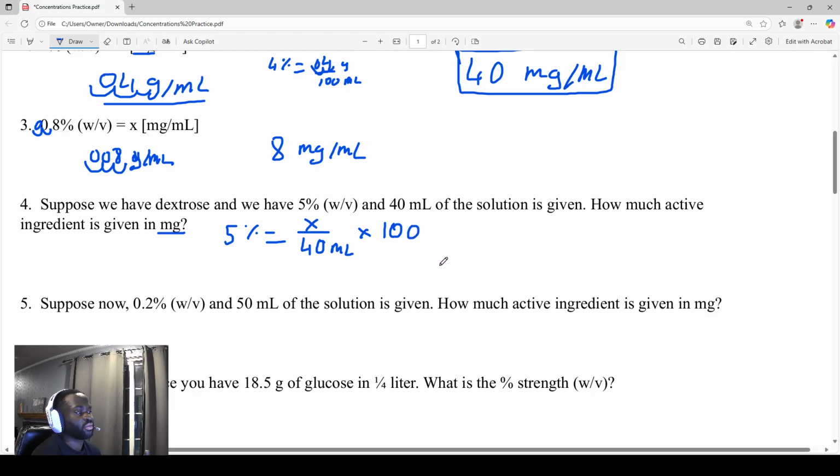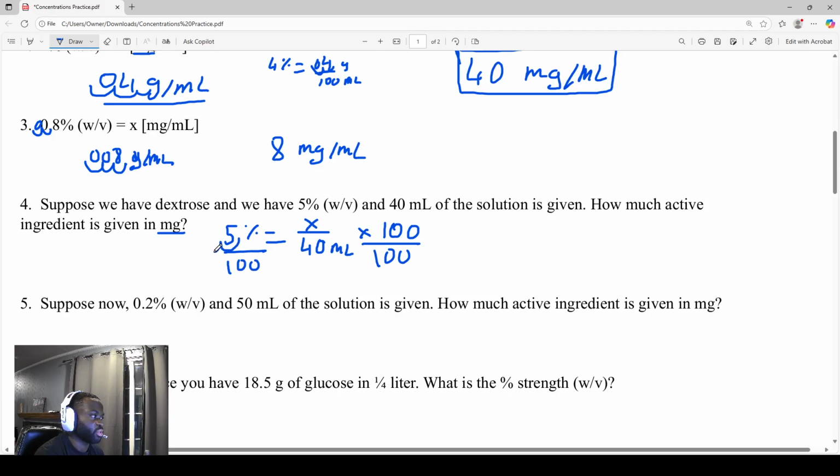So we have enough information to solve for X. And how we would do this is by going one step at a time. So first we would divide both sides by 100, right?